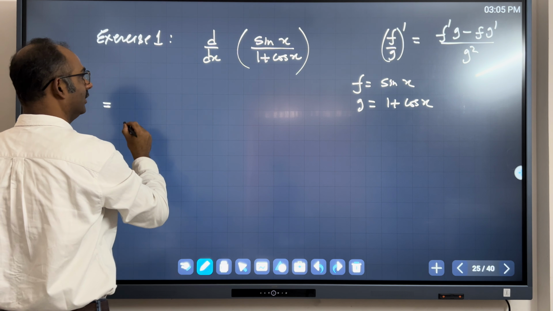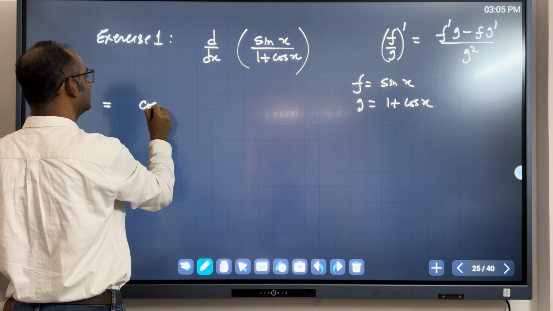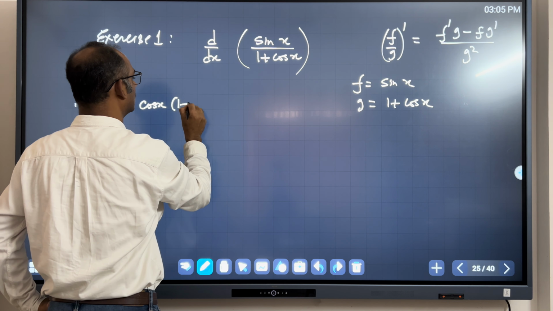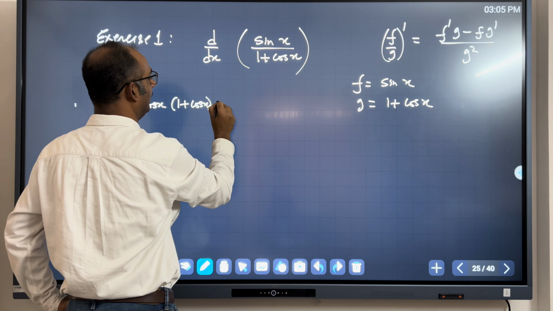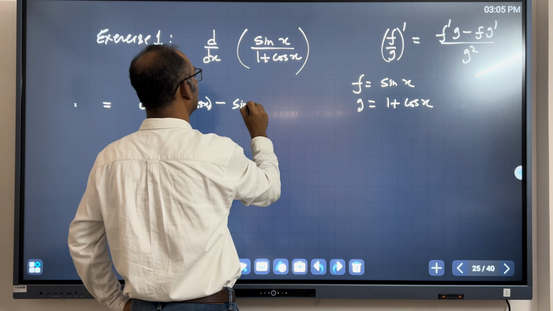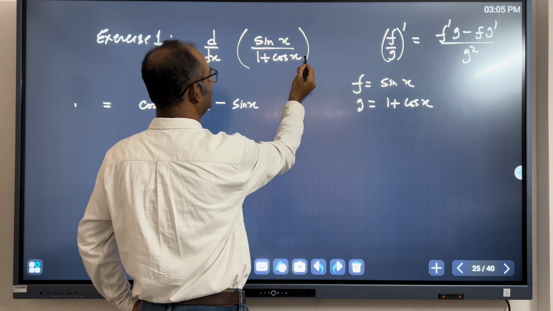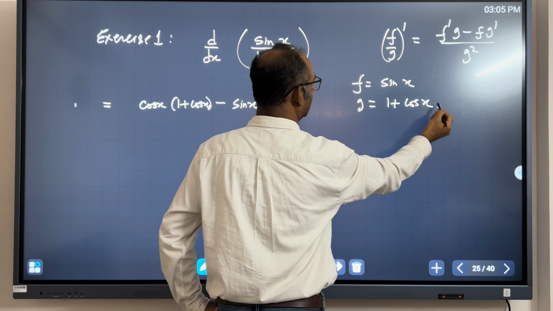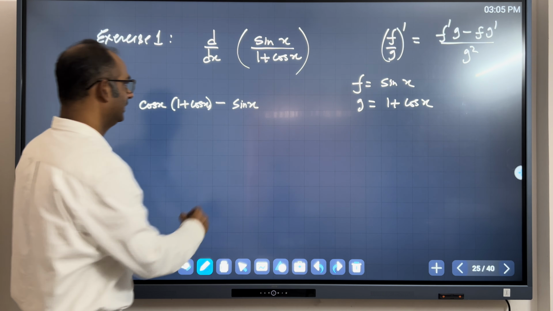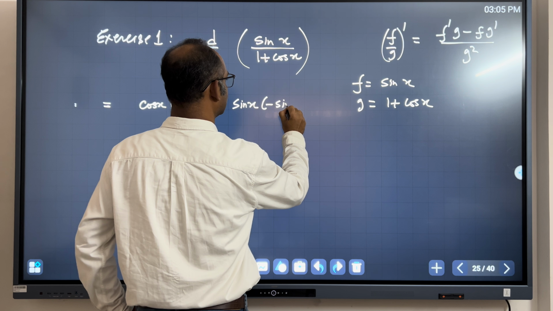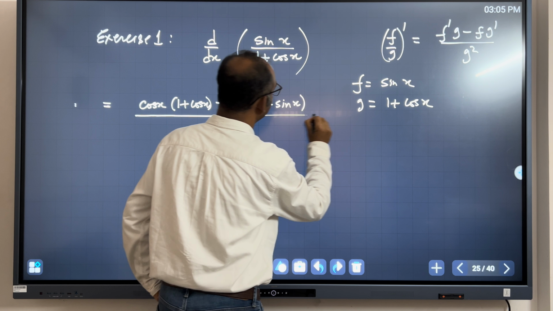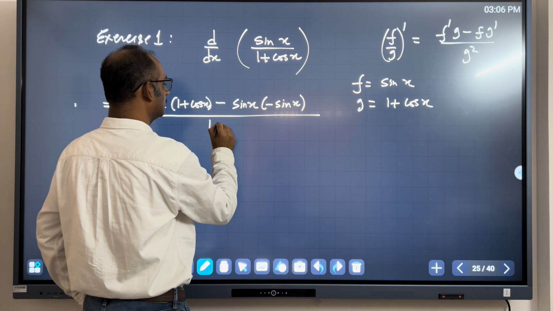So the derivative of sine x is cos x, times g, which is 1 plus cos x, minus f, again sine x, times g prime. g prime is the derivative of this. The derivative of 1 is 0 and the derivative of cos is minus sine, so you get a minus sine of x. Are you following? Divided by 1 plus cos x whole squared.